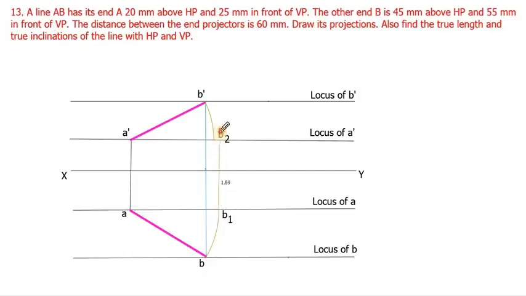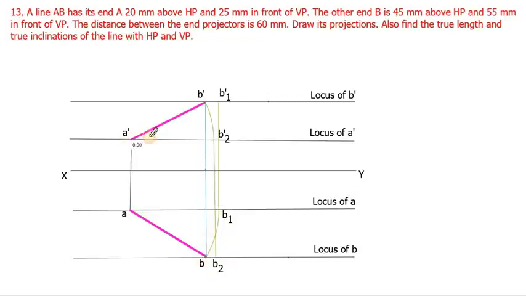So from B1 draw one vertical line, parallel to the A dash line, to meet the locus of B dash at B1 dash. Similarly, from B2 dash, draw one vertical line, parallel to the A dash line, up to the locus of B. So this point will be B2.